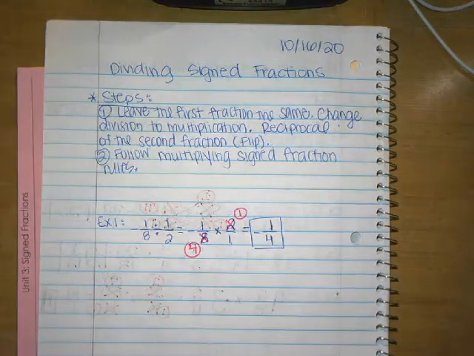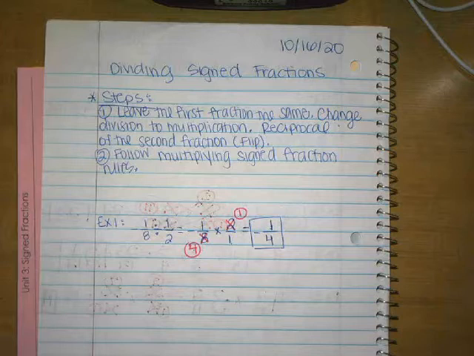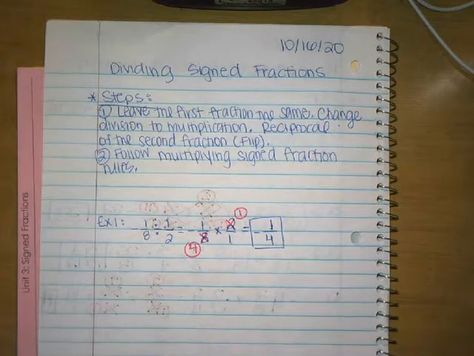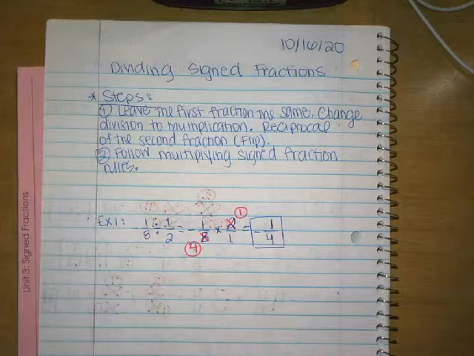Charlie. No. That's why we have to do that leave, change, flip. Because if you don't flip it, you're not going to get that. So think about it this way. I'm cutting a 1/8 in half, right?